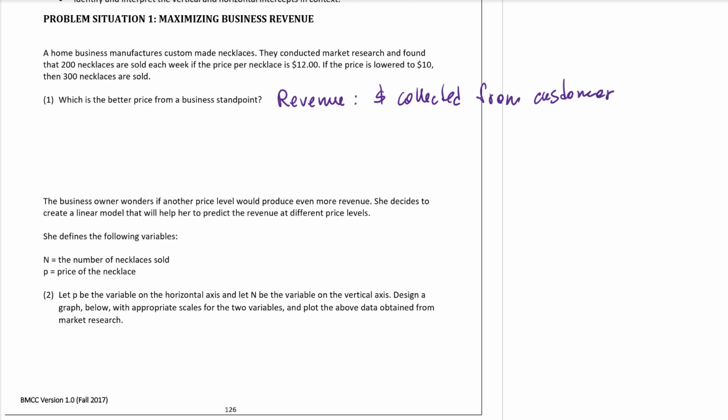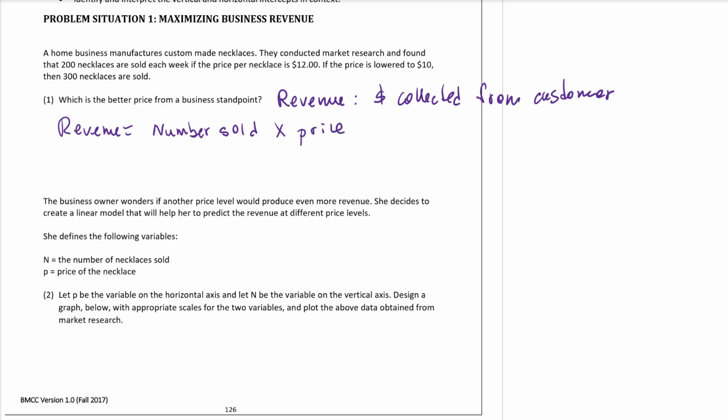Well, $12 multiplied by 200 will give you a revenue equal to $2,400, while if you have 300 necklaces at $10, you collect $3,000. Let's write that down in a more comprehensive way. So we have revenue equals the number of necklaces sold, multiplied by the price per each, correct?